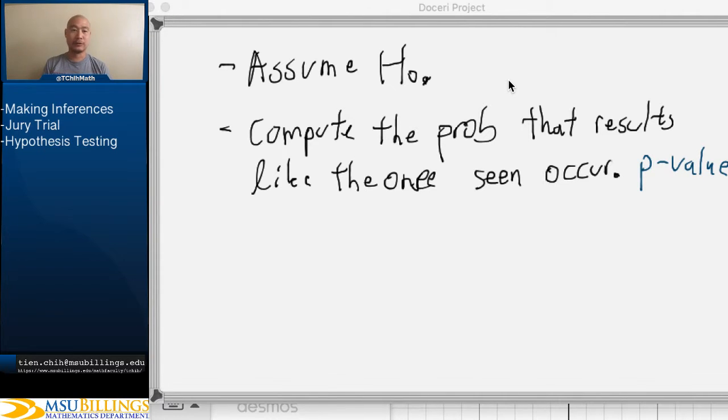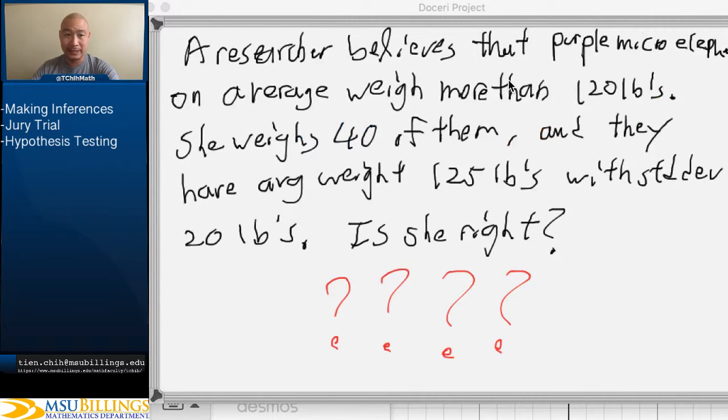So what we'll do is assume that the null hypothesis is true, and then, if the null hypothesis is true, how likely is it that the things that occurred in an actual experiment or observation will occur? In our case, let's assume for the sake of argument that purple microelephants do weigh 120 pounds on average. Then what's the chance I weigh 40 of them and get an average weight of 125?